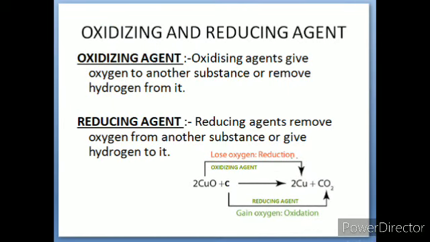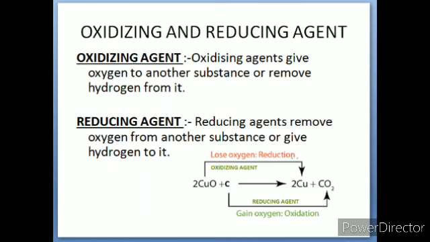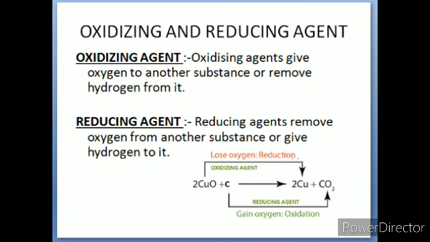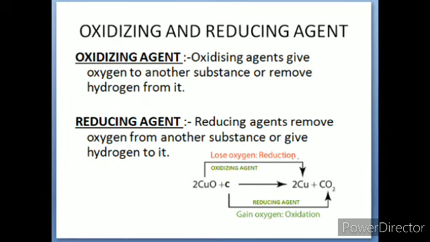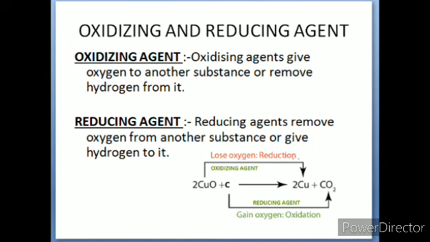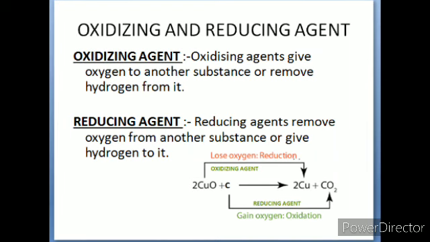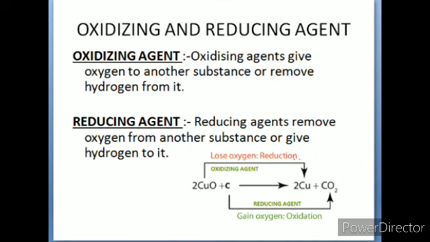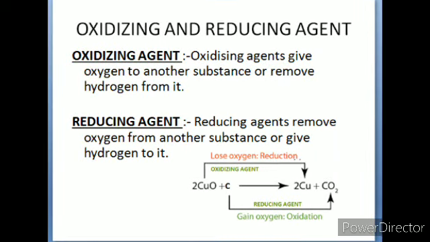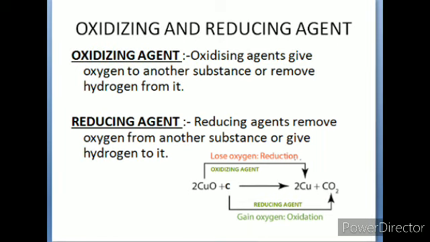Now we will discuss what are oxidizing and reducing agents. First we will define oxidizing agents. Oxidizing agents are those agents which give their oxygen to other substances or remove hydrogen from it.